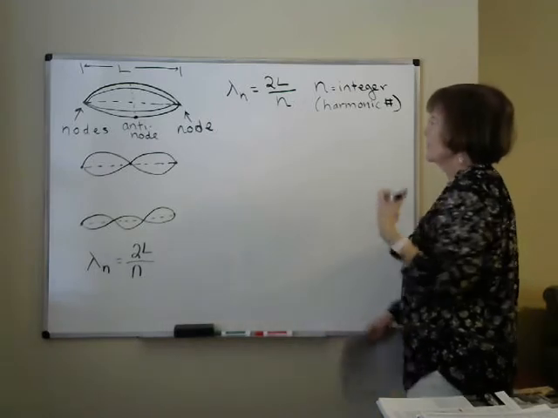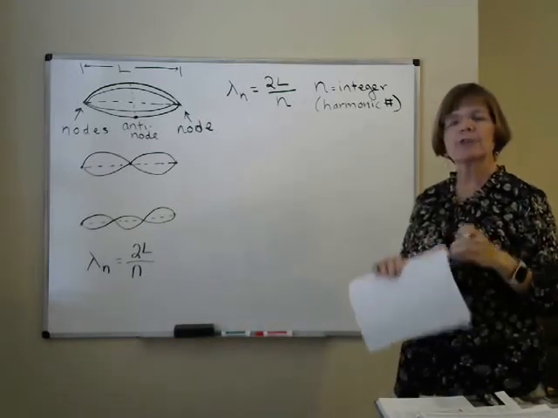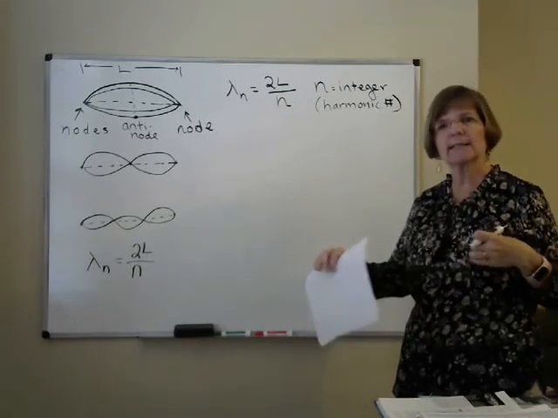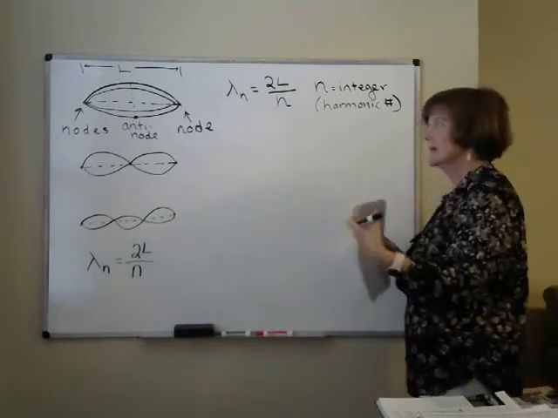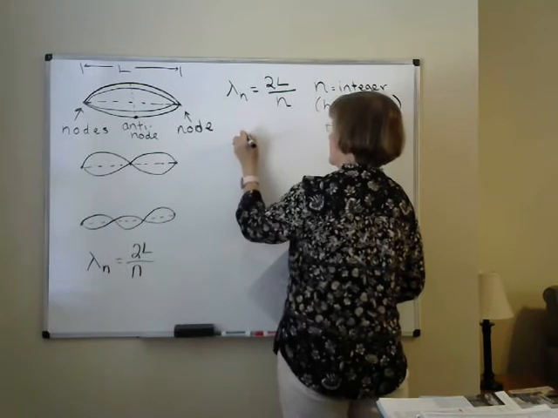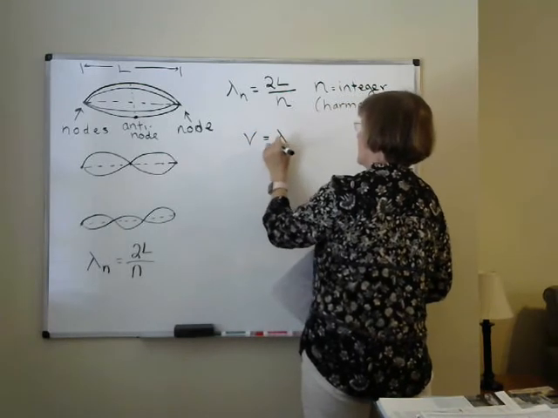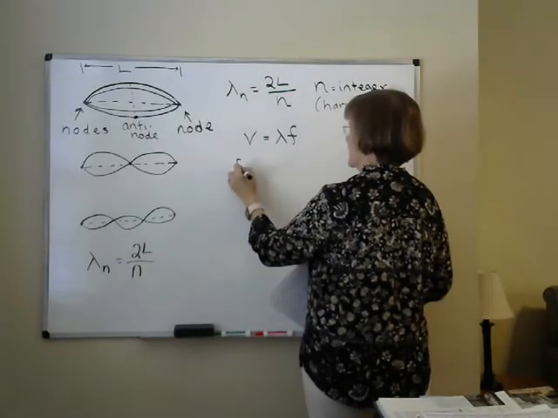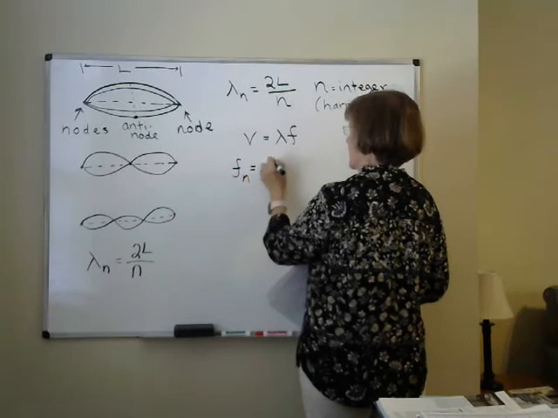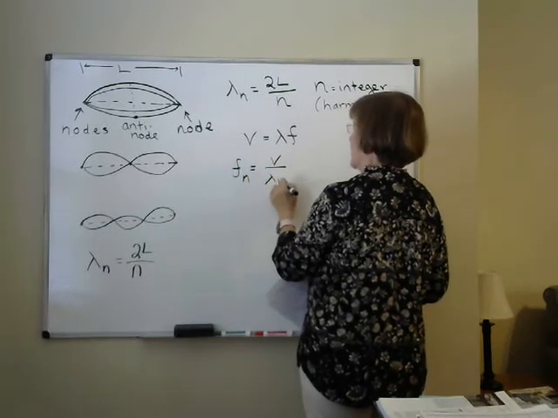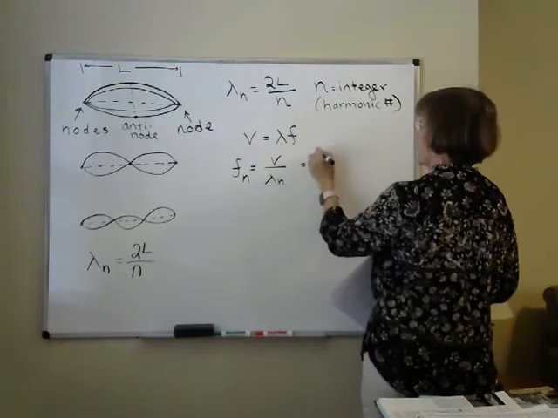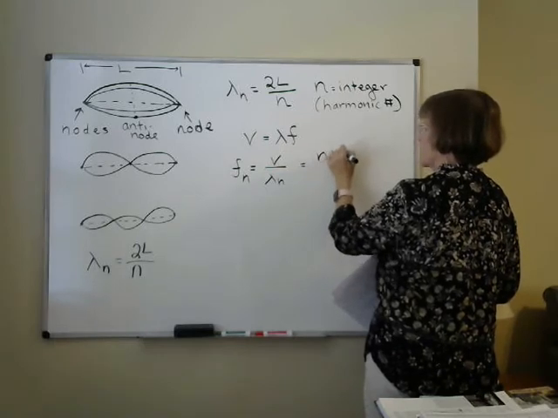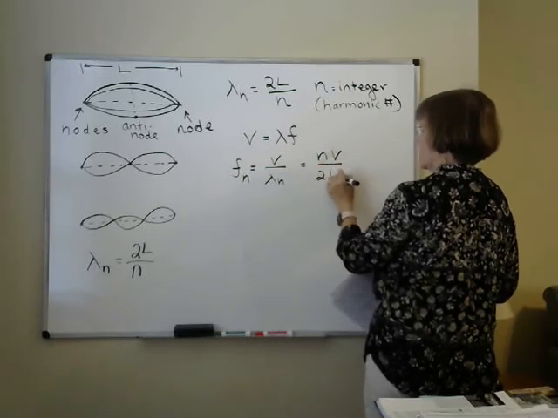We know that we should be able to get a formula for frequency. Any particular string is going to have a wave speed determined by how taut it is, the tension, and how heavy it is. But we know there's a relationship that says V equals lambda times F. That means our frequency, if I put this formula in there, I get N times V over 2L.